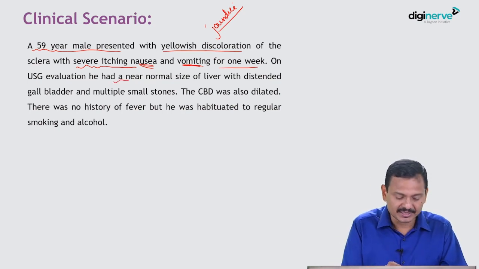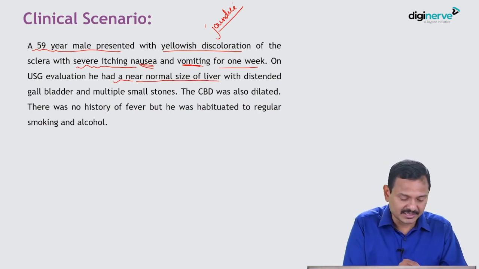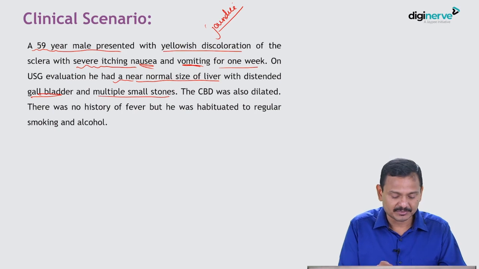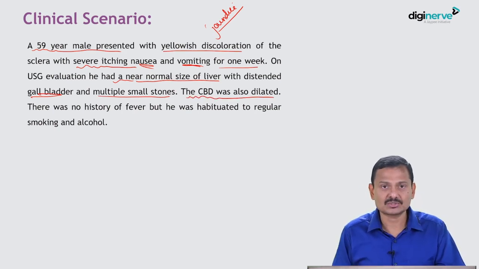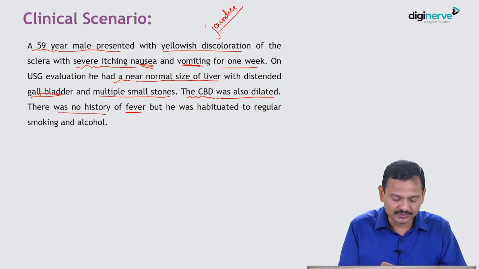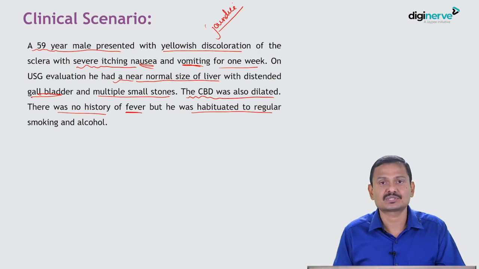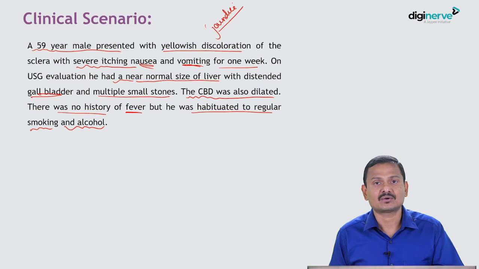On evaluation, he had a near normal size liver and a distended gallbladder and multiple gallstones. The CBD was also dilated on ultrasonography, and there was no history of fever, but he had a habituation to regular smoking as well as alcohol.